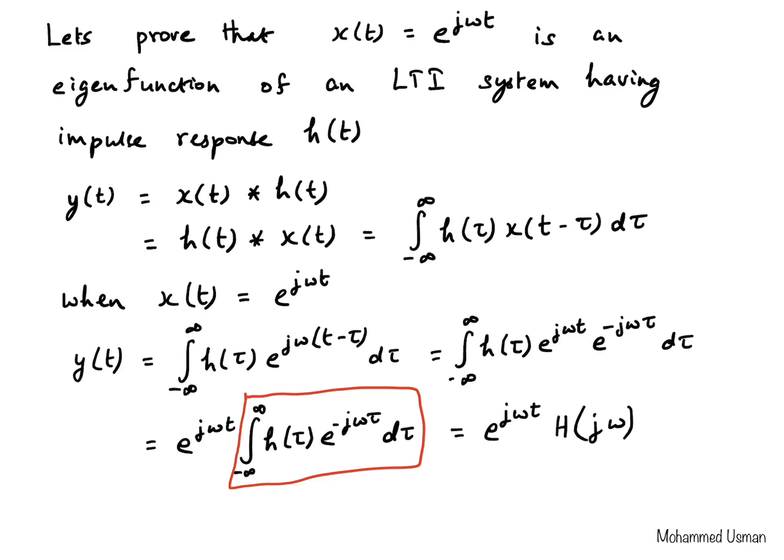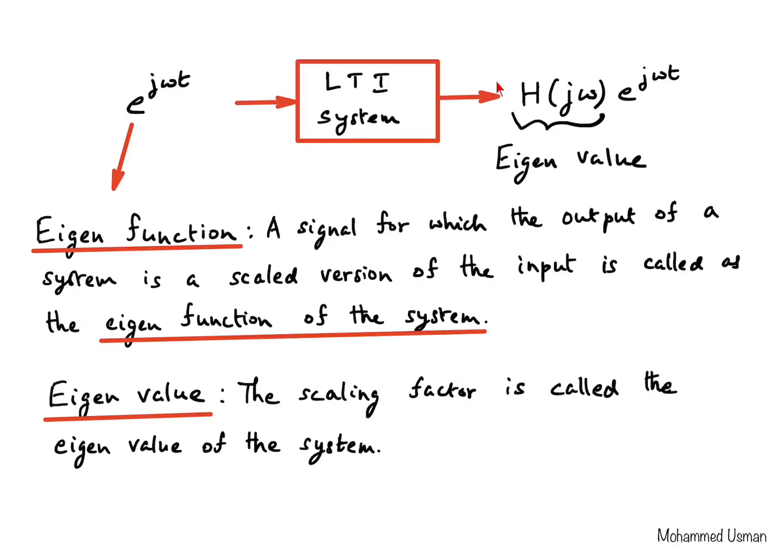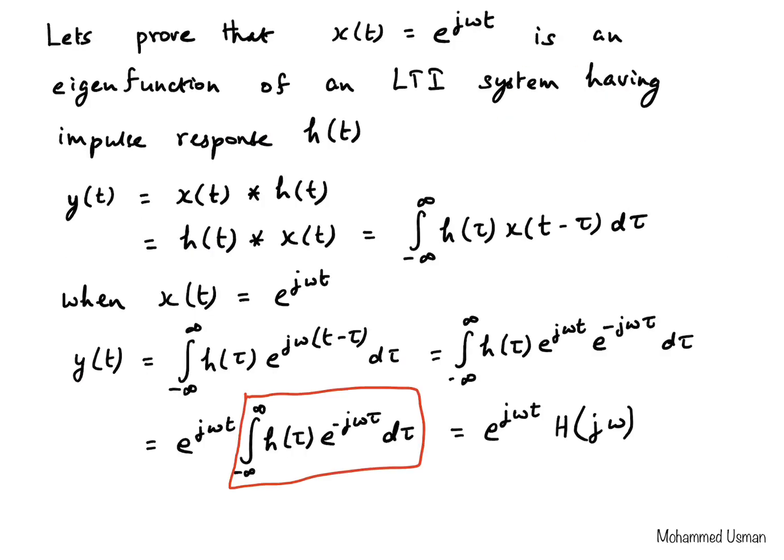Okay, in the case of continuous time systems, we denote this integral as h of j omega, which is our scaling factor, and which is exactly what I had depicted here in this diagram. So that's our scaling factor, which is nothing but the eigenvalue of the system. So we see that the output y of t is the input e power j omega t scaled by this factor h of j omega.